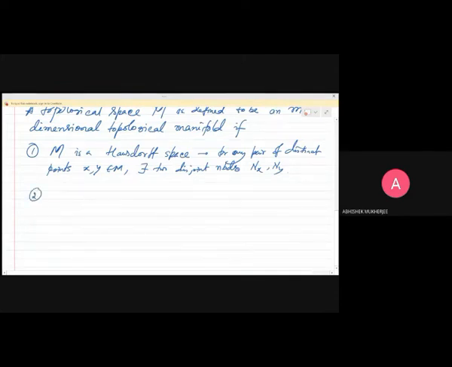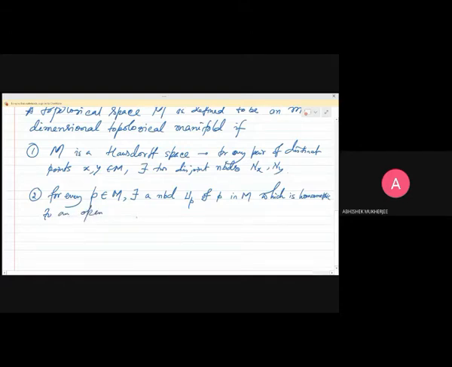So number two, for every point P belonging to M, there exists a neighborhood UP of P in M which is homeomorphic to an open subset V of Rm.